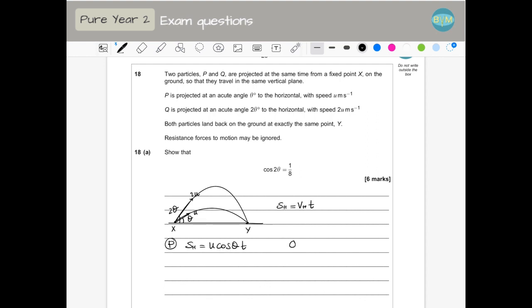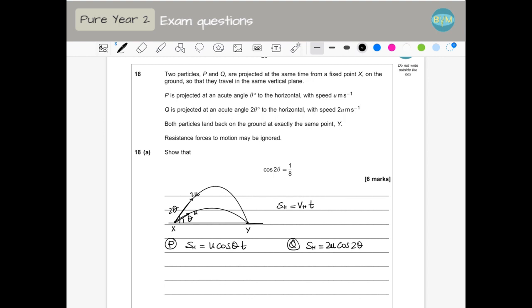For Q, the horizontal displacement is the same, and it's the initial velocity 2u times cos 2 theta for the horizontal component.